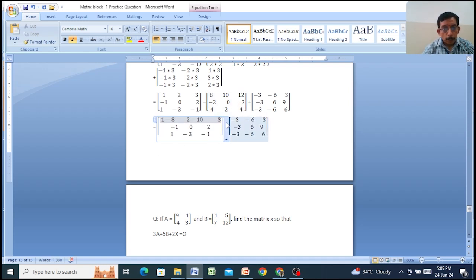For 3, the corresponding element is 12, so 3 minus 12. Now the second row, minus 1, the corresponding element is minus, minus becomes plus 2. The 0, the corresponding element is 0, so 0 minus 0. And for 2, the corresponding element is 2, so 2 minus 2. For 1, the corresponding element is 4, so 1 minus 4. Minus 3, the corresponding element is minus 2. Minus 1, the corresponding element is minus 4.